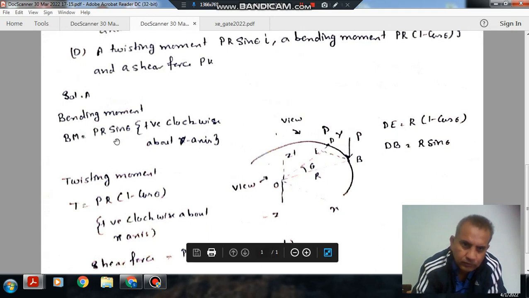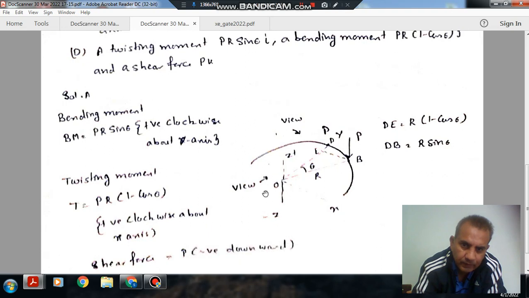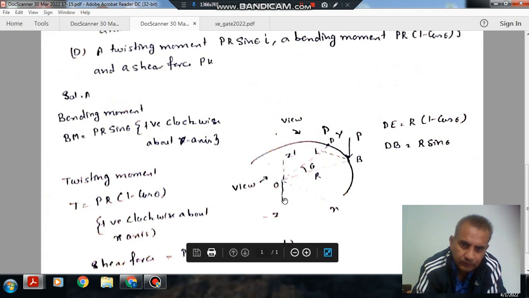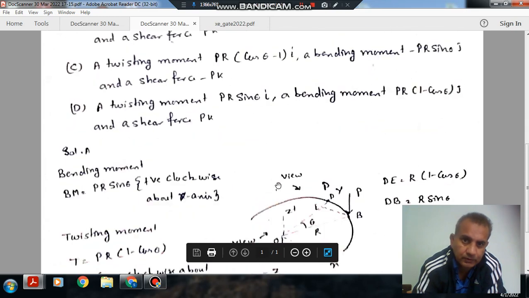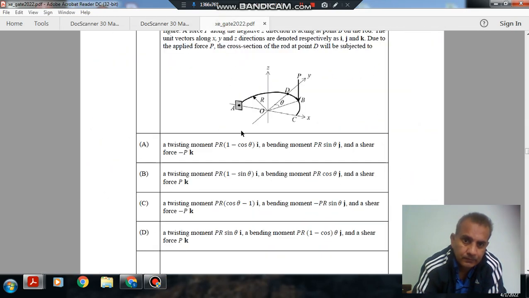So this will cause bending, and this will cause twisting. And there is force in the negative direction, so the shear force will be negative, downward. So the answer is option A. Next.